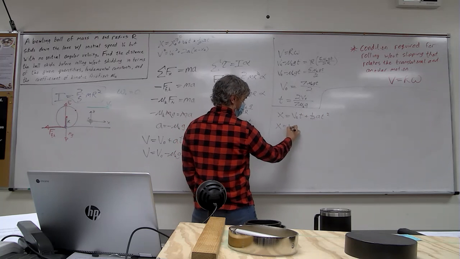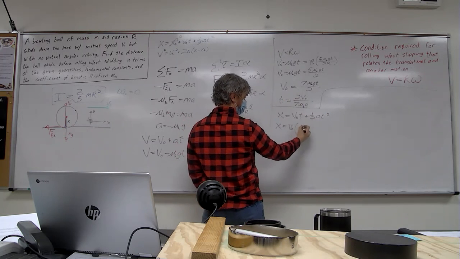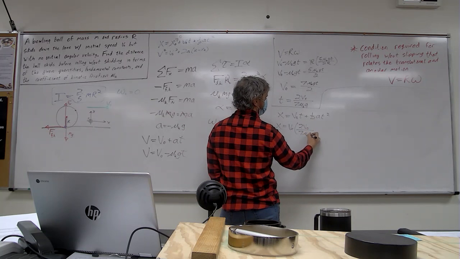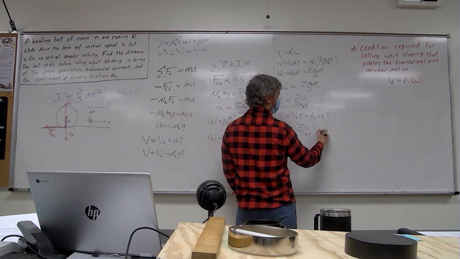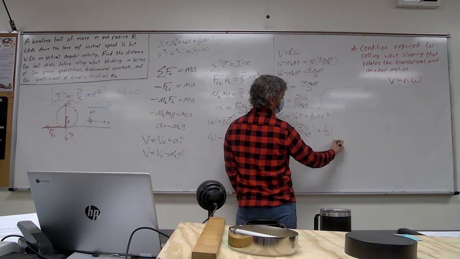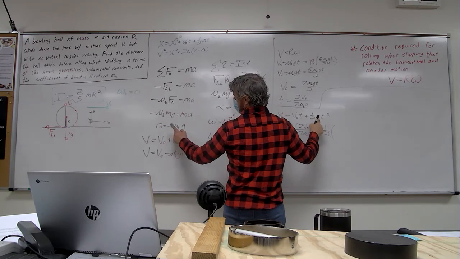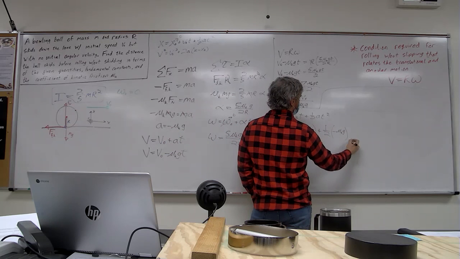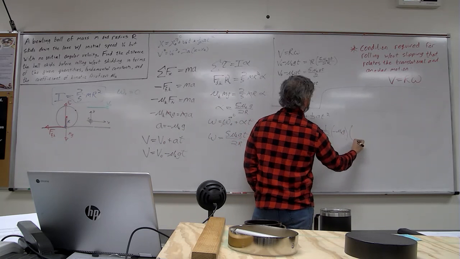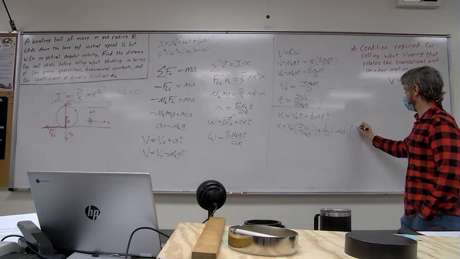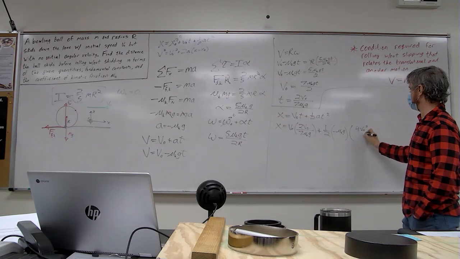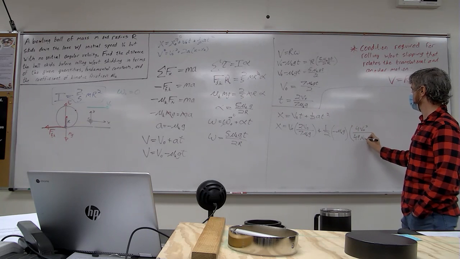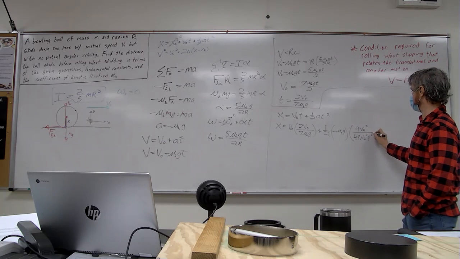Final position is initial velocity times the time, which is 2 v naught over 7 mu k g, plus 1/2 times the acceleration, which is negative mu k g, times the time squared. Now when I square this, I get 4 v naught squared over 49 mu k squared g squared.